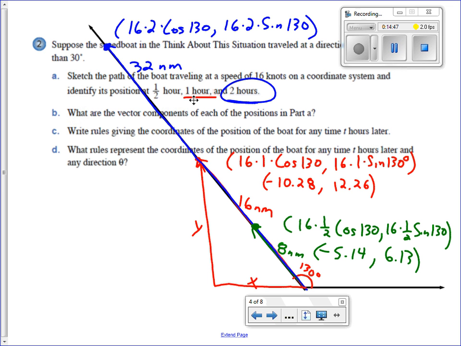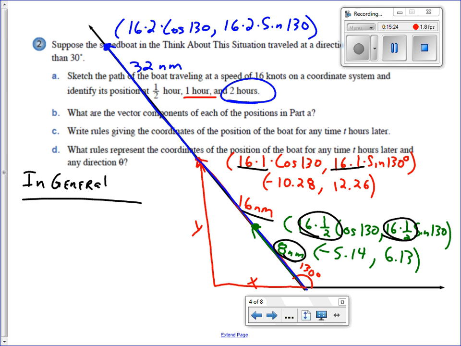Here's what's happening in general. You are finding a distance. Think back. You are finding a distance by taking rate times time. And that's what your distance formula is. Your distance formula is rate times time. Here's your distance. Again, distance was rate times time.